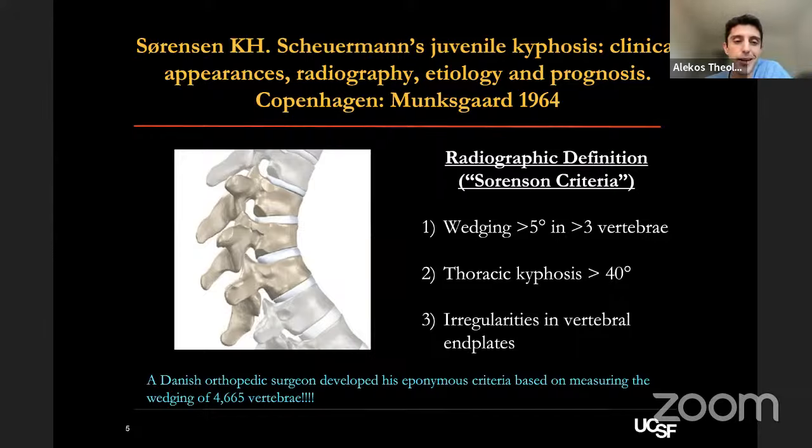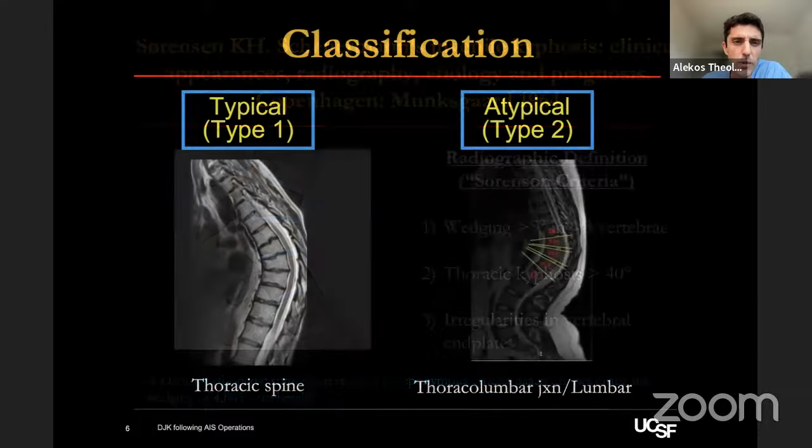Another little interesting tidbit of information is that to come up with these criteria, Sorensen evaluated wedging of over 4,665 vertebrae. So pretty painstaking work, but it's held a test of time.